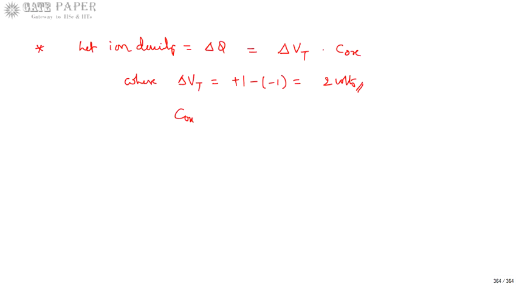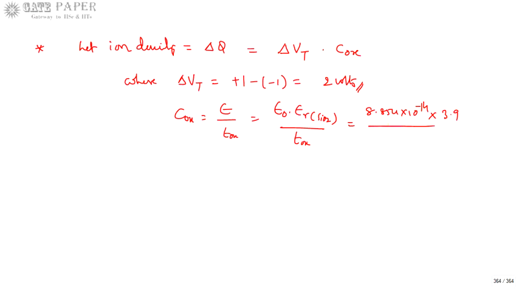And COX is equal to epsilon by TOX. Epsilon is epsilon naught into epsilon R of silicon dioxide, divided by TOX. The value of epsilon naught is given as 8.854 into 10 power minus 14 farad per centimeter, epsilon r is given as 3.9, divided by 400 angstroms. 1 angstrom is 10 power minus 8 centimeters, so 400 angstroms is 400 into 10 power minus 8 centimeters.